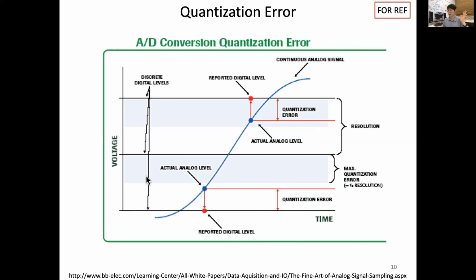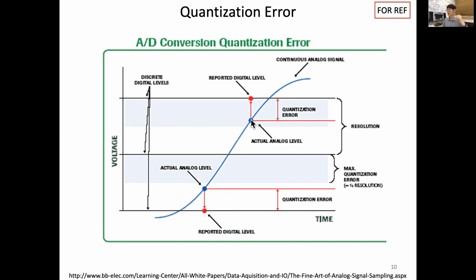You see each line is a discrete digital level, which means we can only collect the data at these points, not in between. If the actual analog level is in between, it will be assigned to its closest one, which is this part. That is the reported digital level.